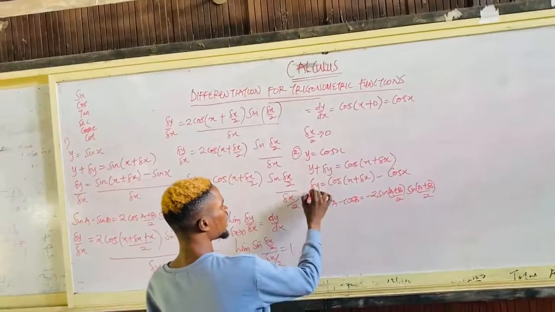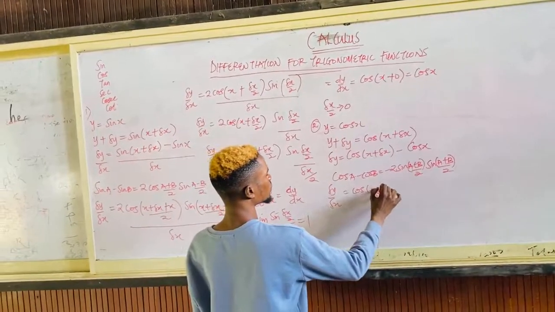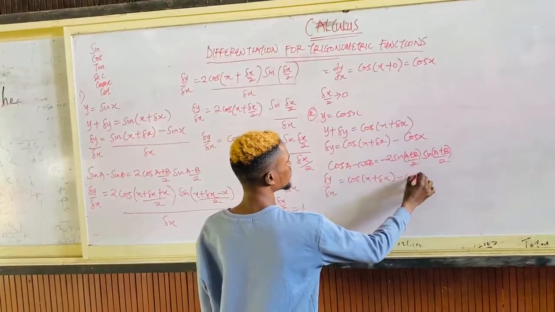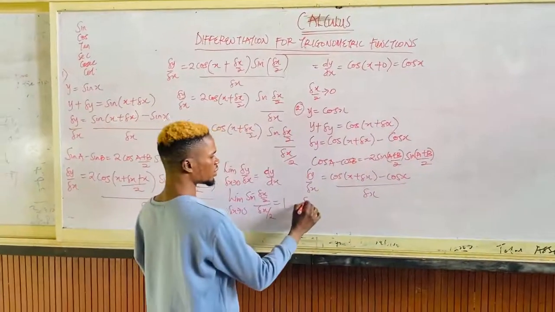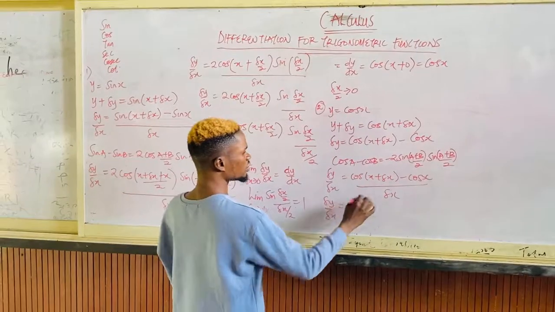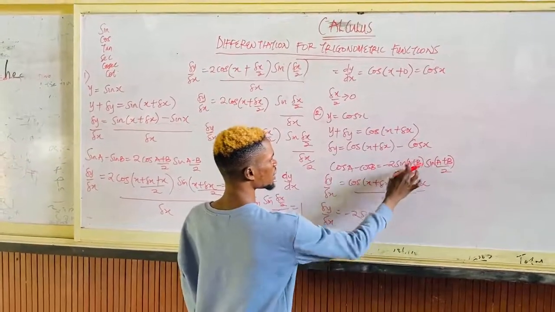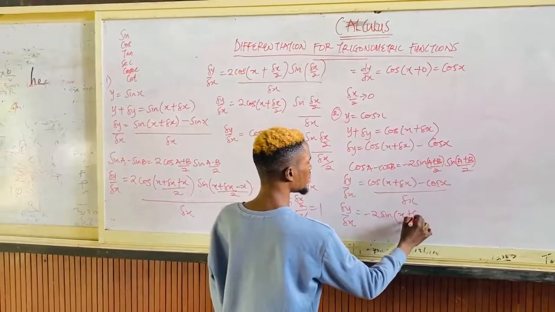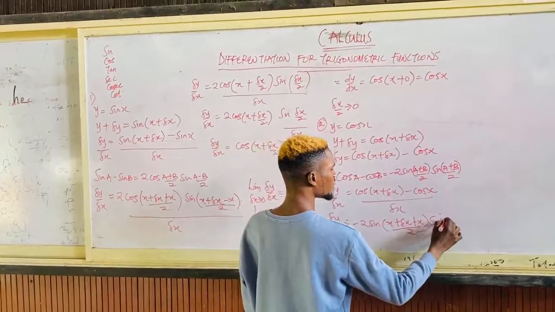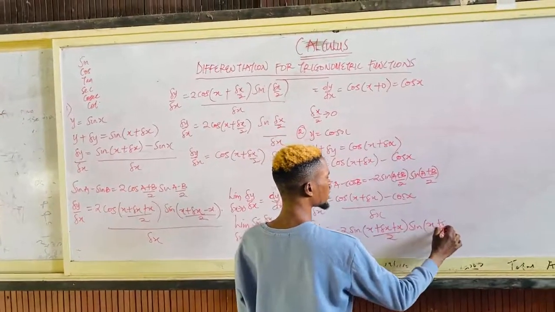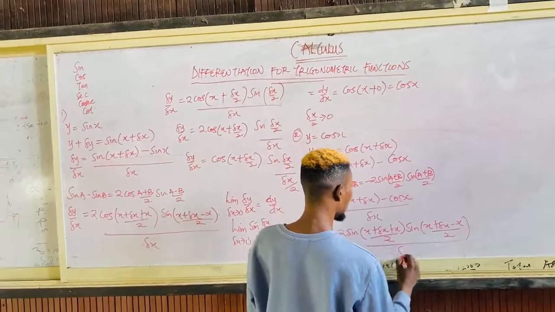Now divide all through by del x. So the rate of change, where a is x plus del x and b is x, gives minus 2 sine (x plus del x plus x all over 2), then sine (x plus del x minus x all over 2), over del x.